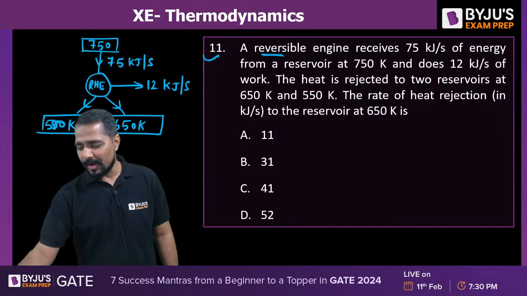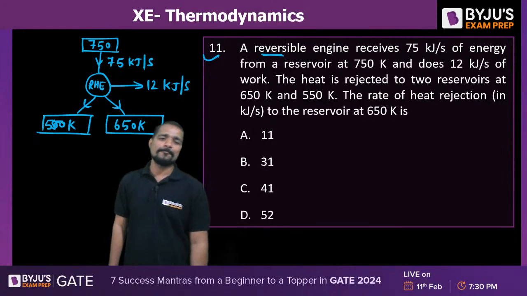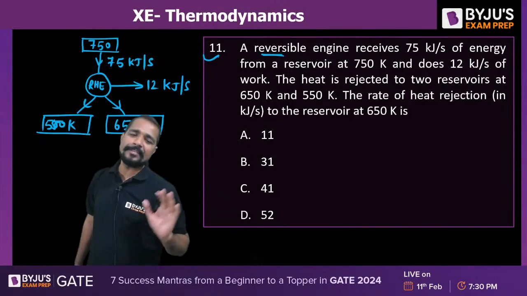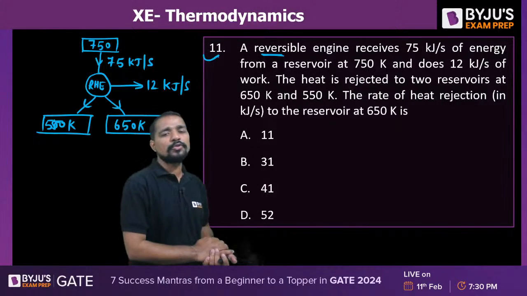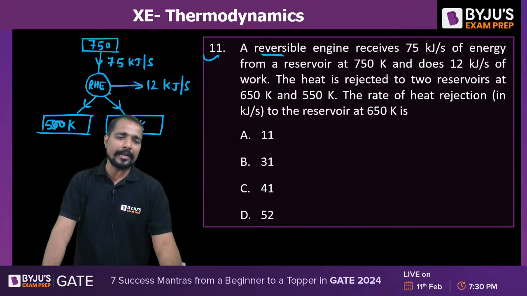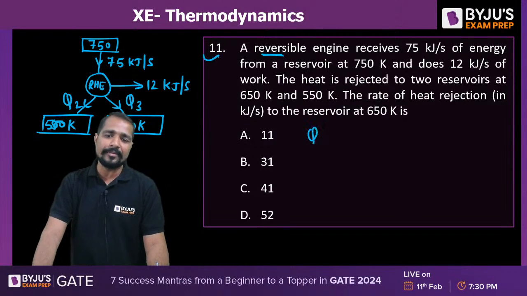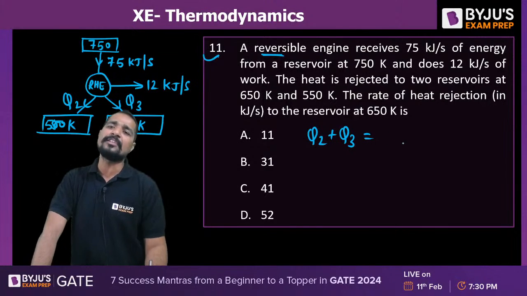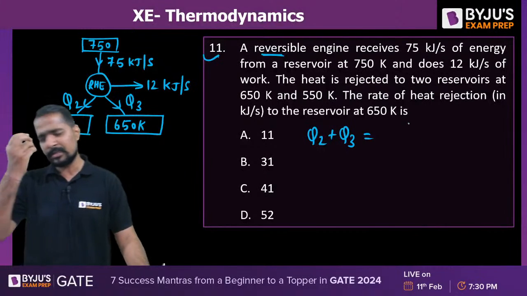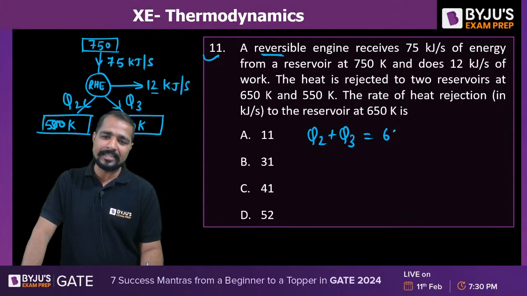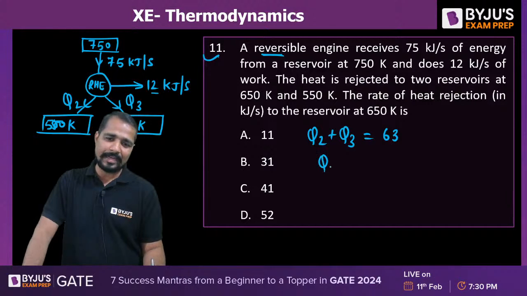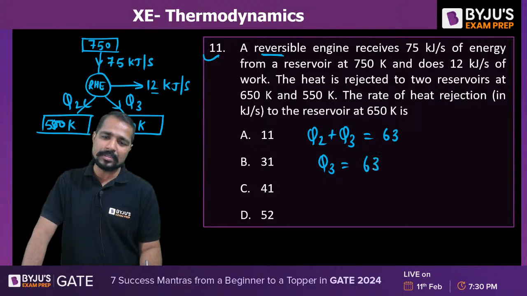All of you, how fast you can write the answer in this? 650, 550, 750 Kelvin is there. 75 kilojoule heat is supplied to the system. 12 kilojoule of work is done by the system. So if I'll write like this as a Q2 and if I'll write this as a Q3, then we know very well that Q2 plus of Q3 from here, it will be equal to 75 minus 12. What is this numerical number? 65, can we write 63? We can write Q3 will be equal to 63.